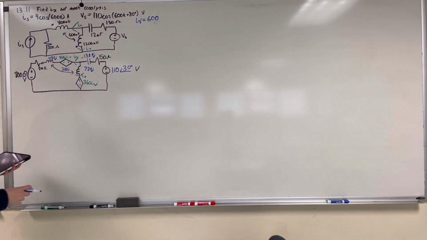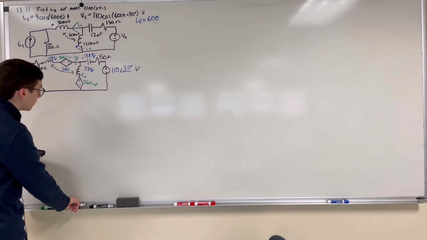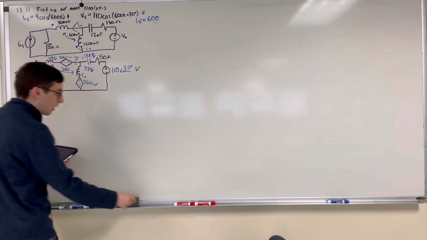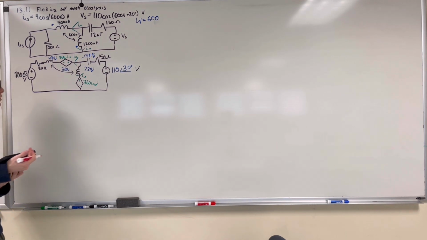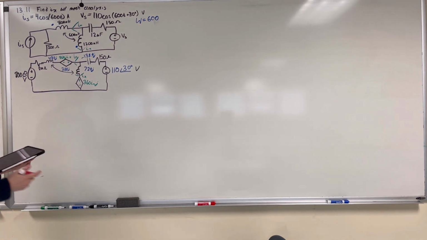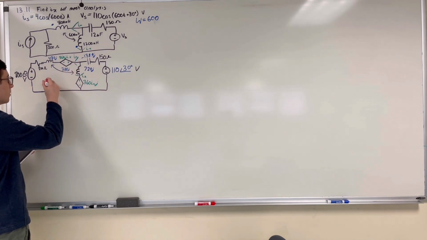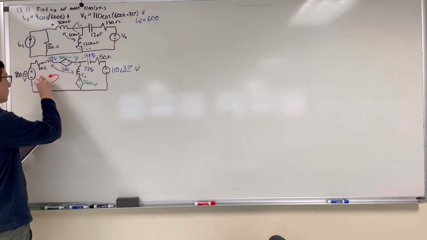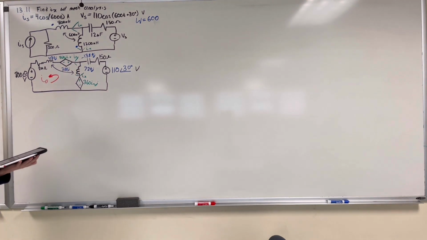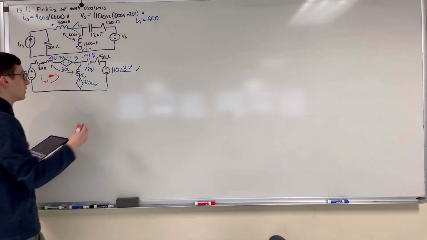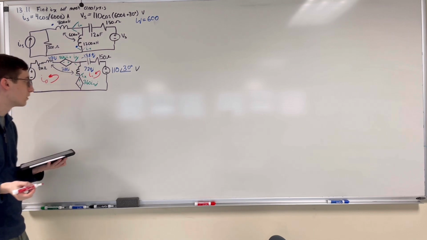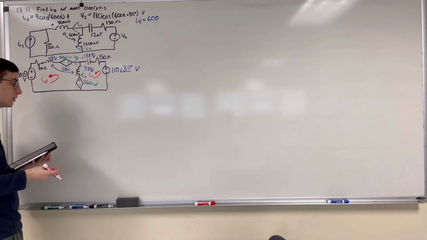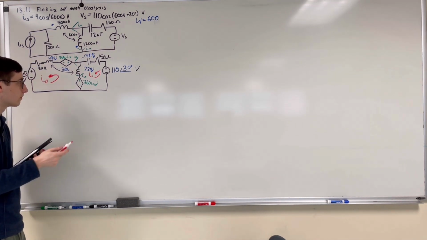So to do mesh analysis, I need to first assign currents. Since we already have IO going this way, I'm going to assign IO in this loop. And then I'm going to assign another current, I1, right there. It's just an arbitrary current for us to find IX later.